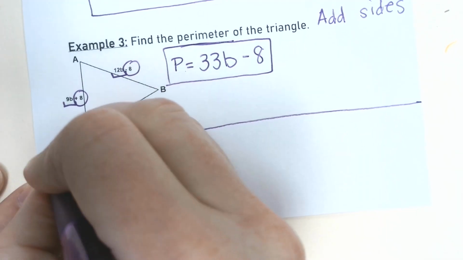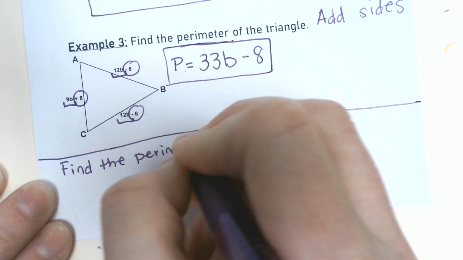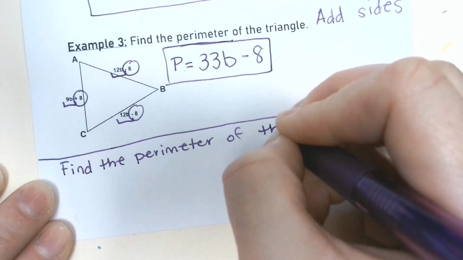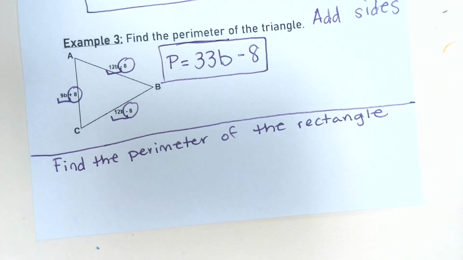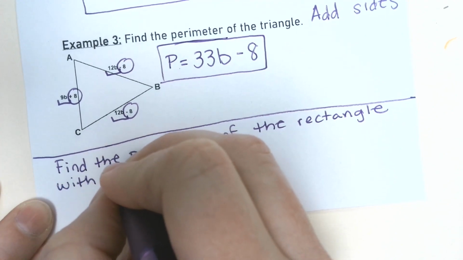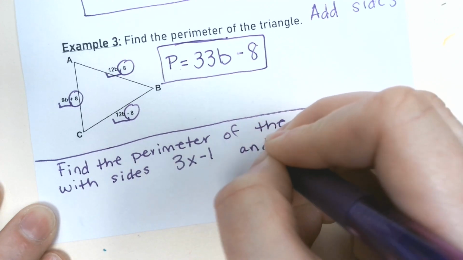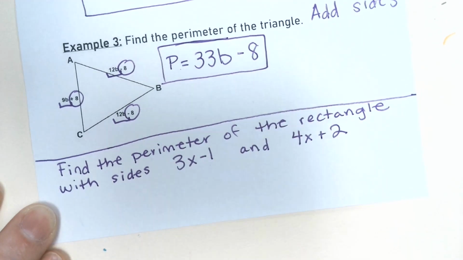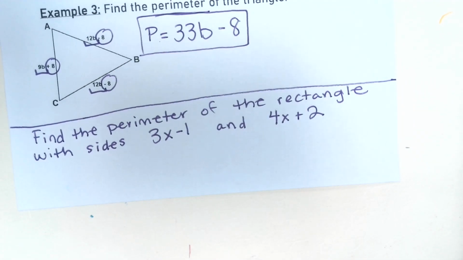Okay, what about perimeter of a rectangle? So find the perimeter of the rectangle with sides 3x minus 1 and 4x plus 2.